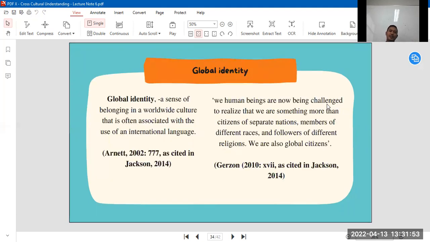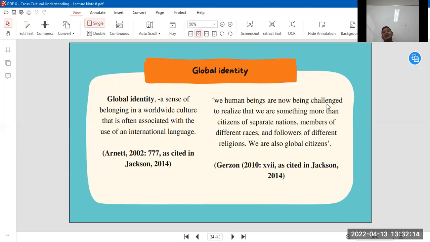And we also have the global identity. In the previous chapter, we also discussed globalization, which has made our world increasingly interconnected and also facilitated mobility and interactions between people from diverse backgrounds.